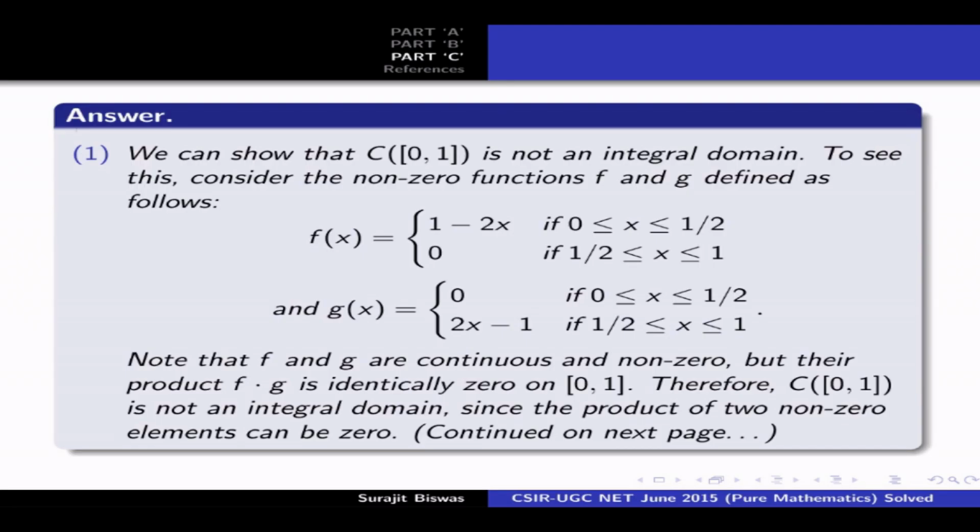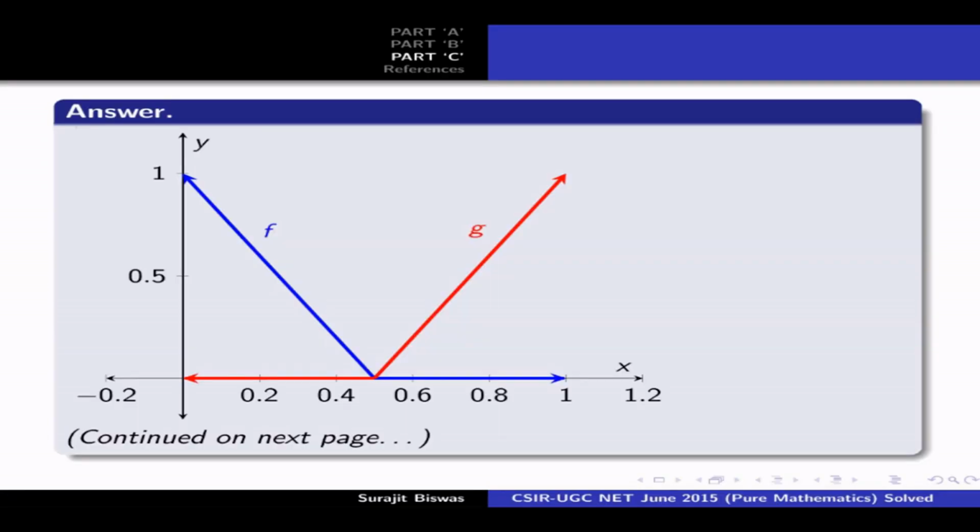We can show that C[0,1] is not an integral domain. To see this, consider the non-zero functions f and g defined as follows. If we see the diagram, it is very trivial. Basically we are considering two functions. The first one is 0 up to half, and then it is y equal to x, basically starting from x equal to half, this line.